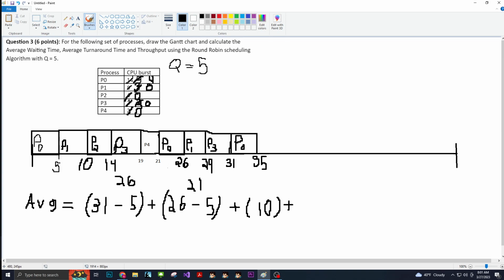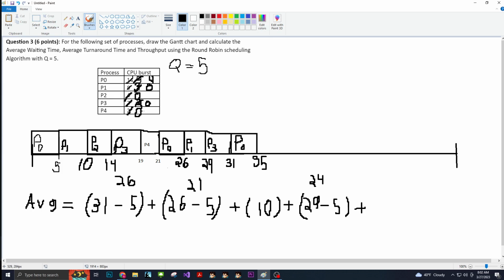All right, let's keep going. P3, where did its rendition end? 29, and then minus the burst time, which was 5. Keep in mind, this could be totally wrong. But I know my Gantt is pretty good. Okay. So this is P3, I believe.